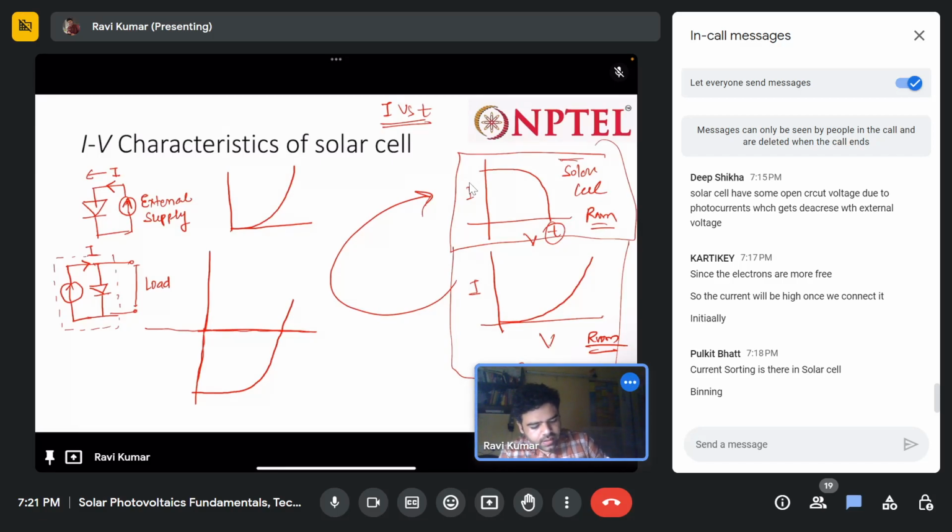This is our current voltage. So we already have a current source in a solar cell, so this will shift our IV curve. So it's like negative current, negative I. So this is nothing, just a reflection of this.